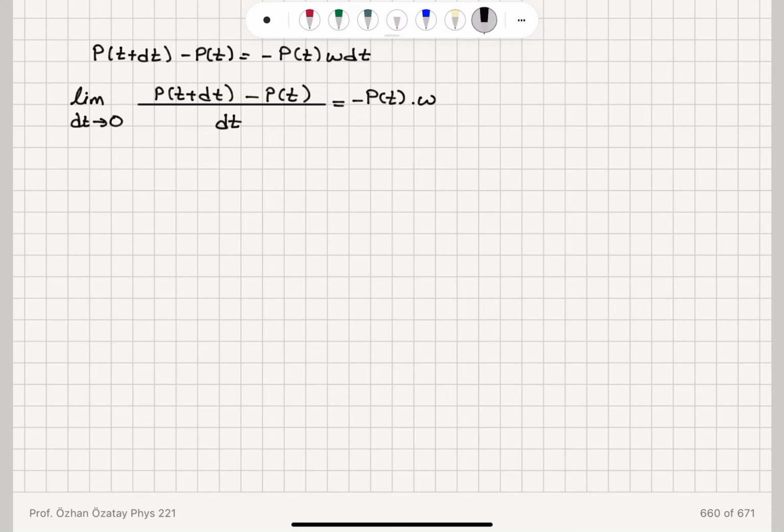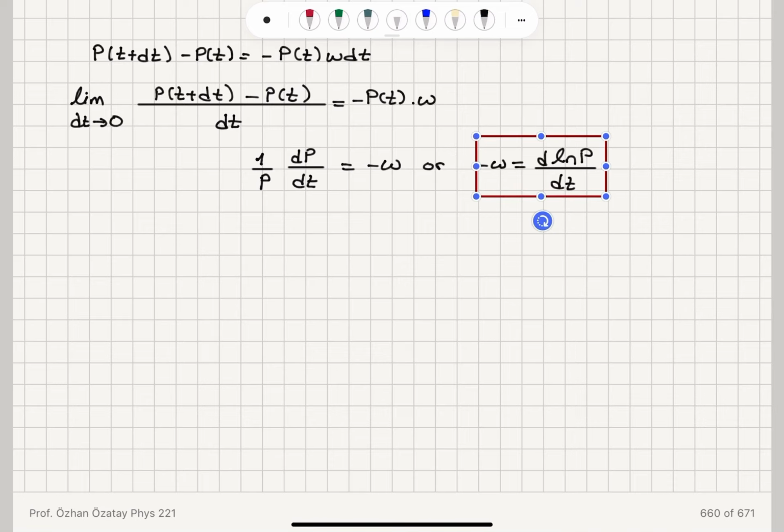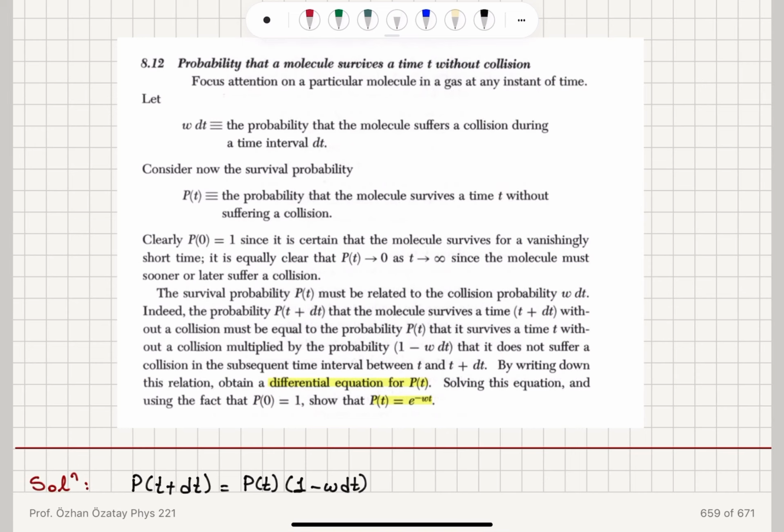So this is 1 over P times, that's the definition of the derivative, dP/dt. On the right hand side, I'm left with minus ω. Or I can say that minus ω is the derivative of the natural logarithm of the probability P with respect to time t. So that is the differential equation I'm looking for for P of t.